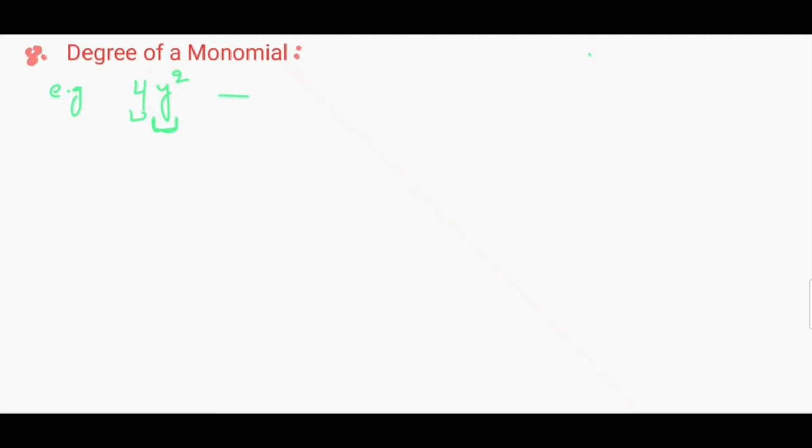So here the power of the variable is 2. So this 2 is the degree of the monomial 4y square. Second, I'll take one more example, 7y. Here the variable component is y. So what power does it have? It has power 1. So we can say the degree of this monomial 7y is 1.